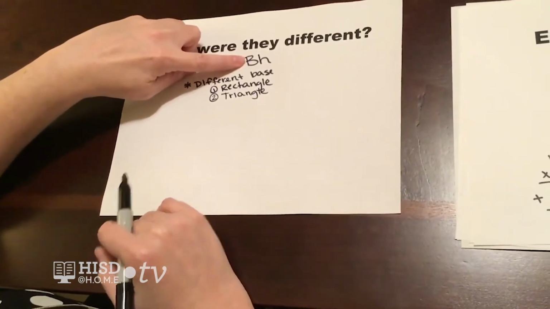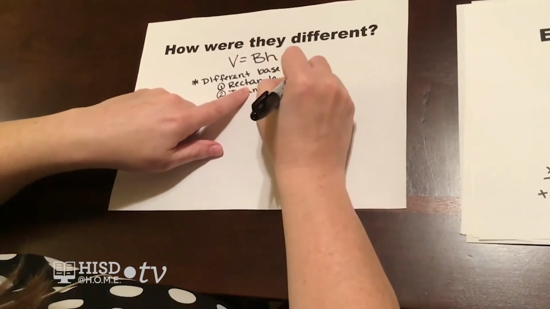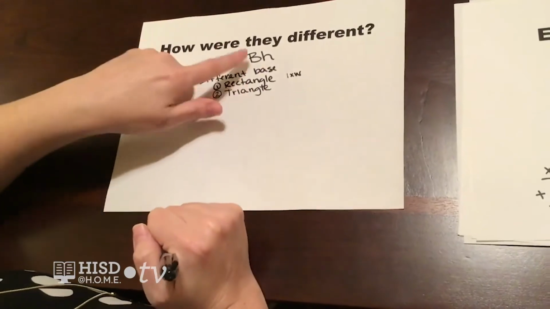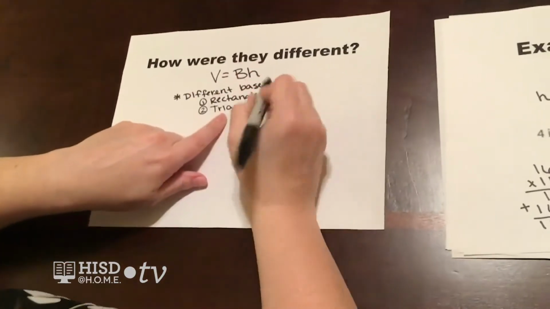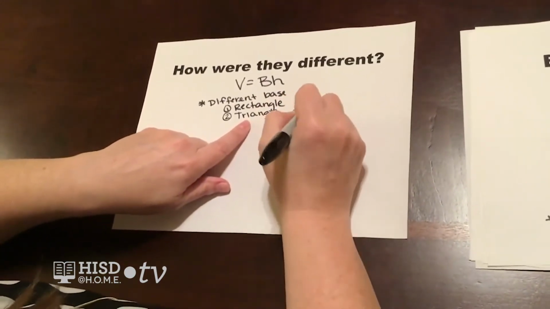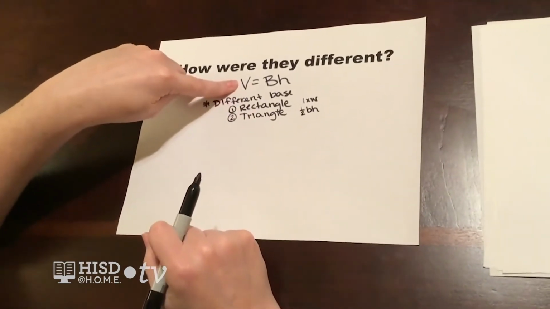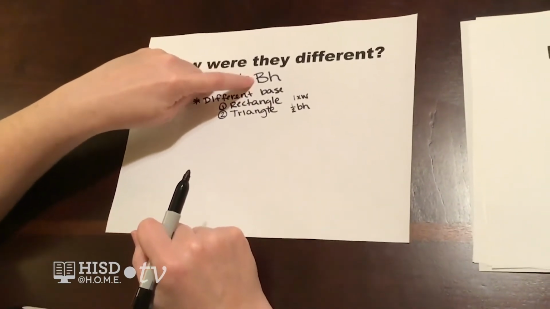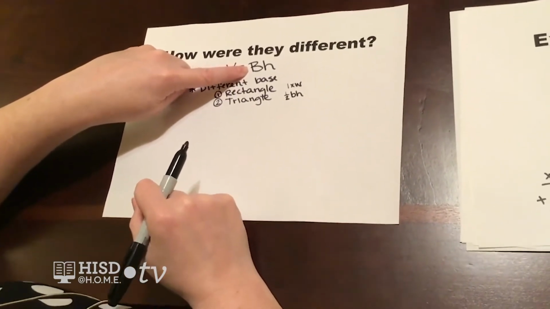If I want to find the area of the base of a rectangle, I have to do length times width. If I need to find the area of the base, which is a triangle, then I do 1/2 base times height. So we use the same formula, but the big B is the key to finding the volume of prisms.